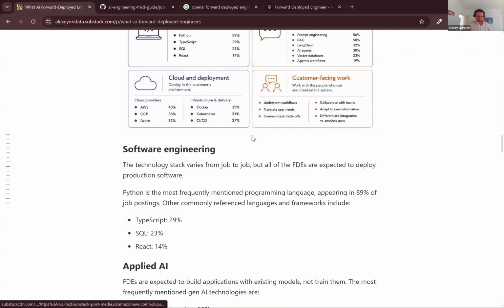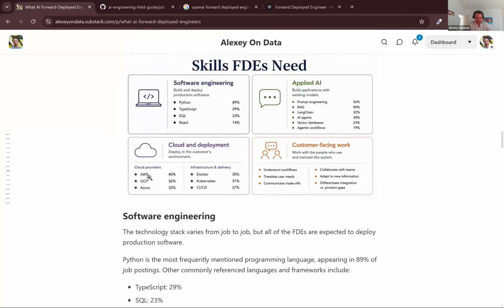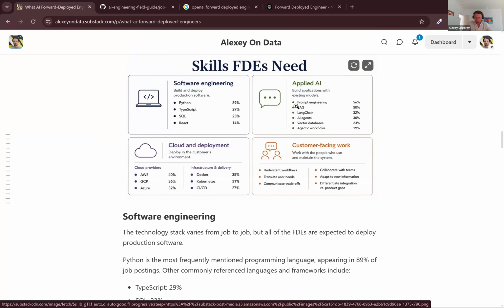Yeah, so software engineering, then applied AI, right? So they are not just software engineers, they are AI engineers, at least in my data set. And since we're all here, we're probably more interested in AI forward deployed engineers, not just FDEs in general. But I think the recent interest in this FDE role is related to companies like Anthropic, OpenAI, and Databricks, and many others.